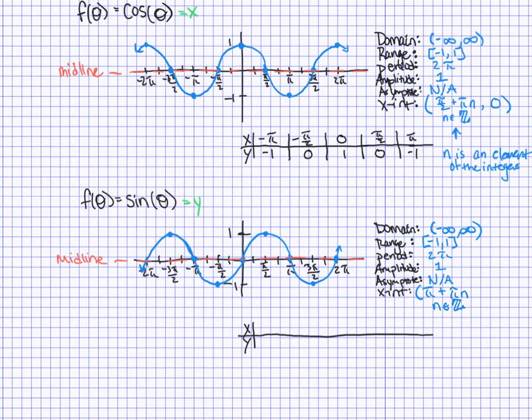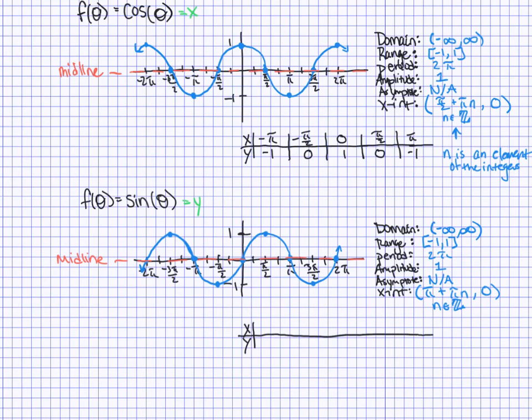And remember, integers can be positive or negative. So we're going through as many times as we can, positive or negative. So we have pi, which is our starting point, plus pi n, just the distance across, comma 0, because again, this is an x-intercept.